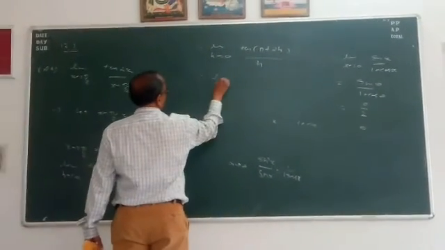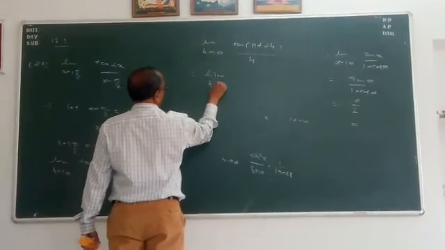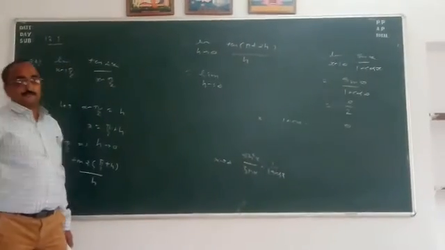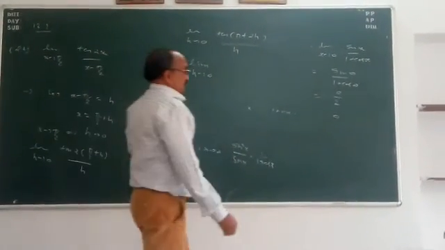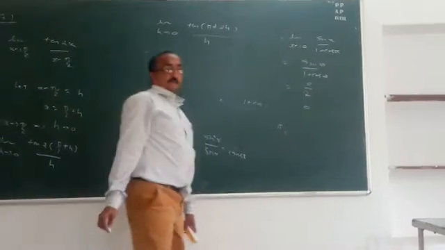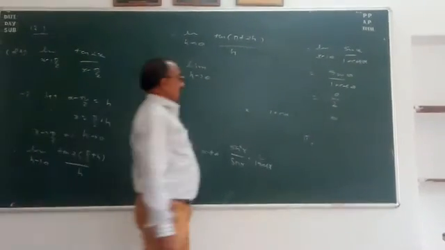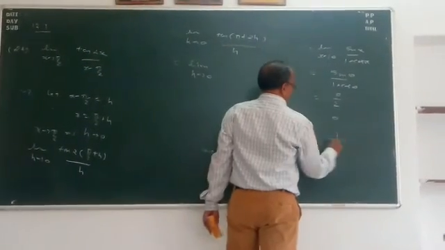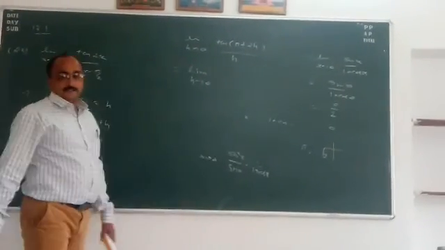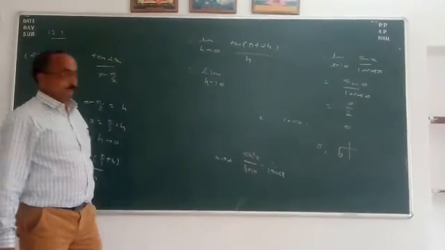So what is the limit here? What is the value of tan pi plus 2h? We know that for pi and multiples of pi the function remains the same, and pi plus 2h lies in the third quadrant. Third quadrant, tan function is positive. Yes.